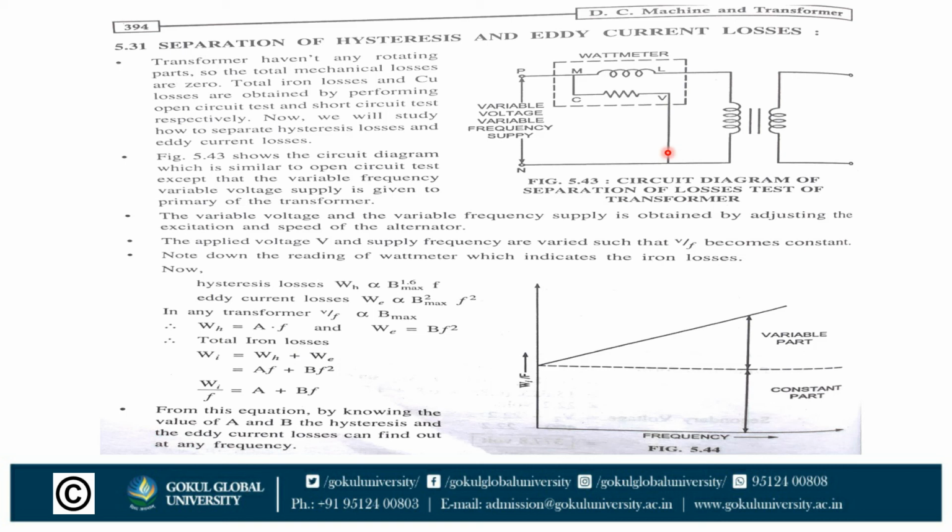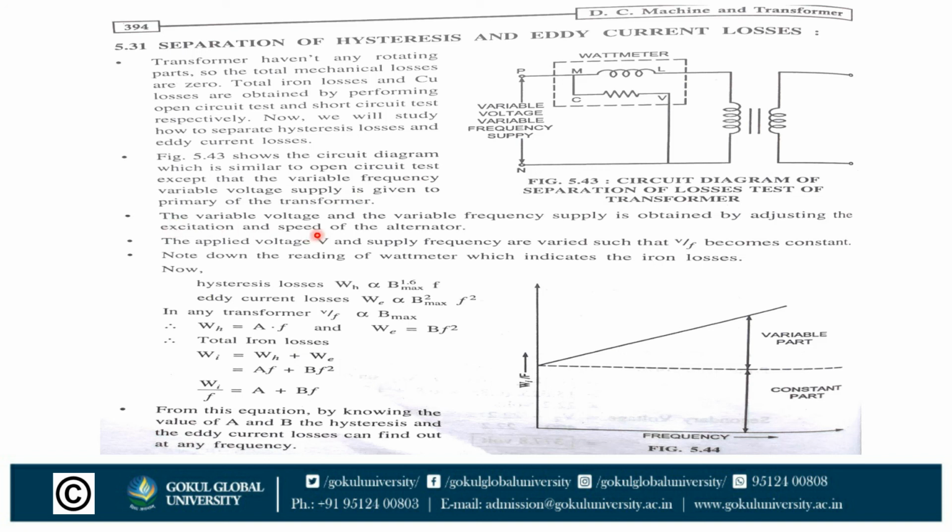So the figure shows the circuit diagram, which is similar to the open circuit test, except that a variable frequency, variable voltage supply is given to the primary of the transformer. Here we apply the variable voltage, variable frequency supply. Okay.